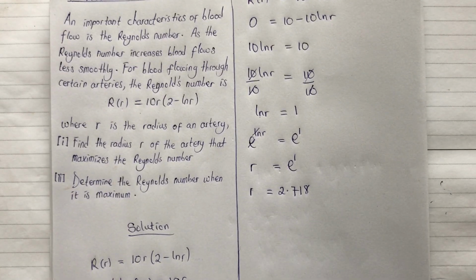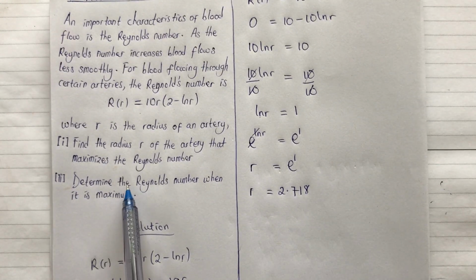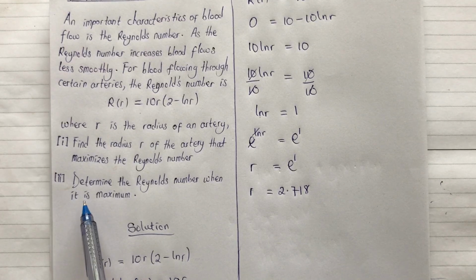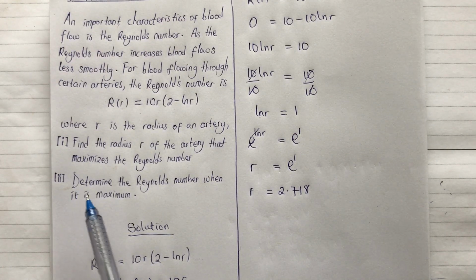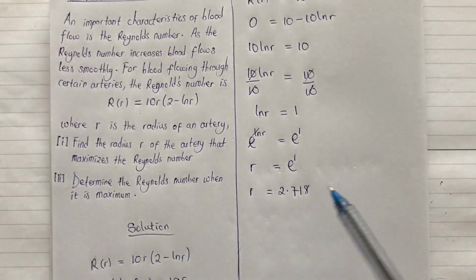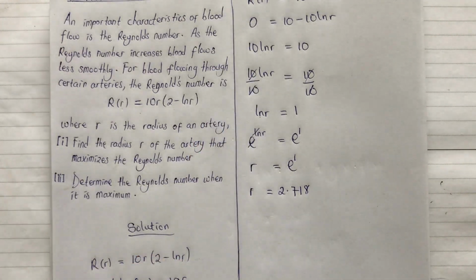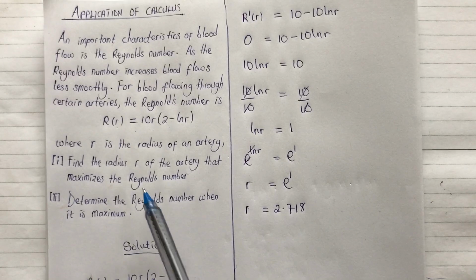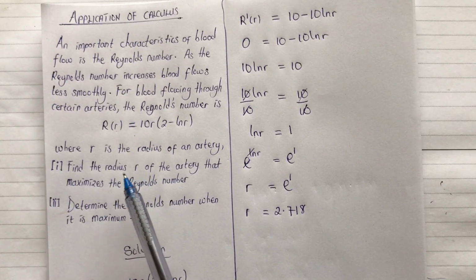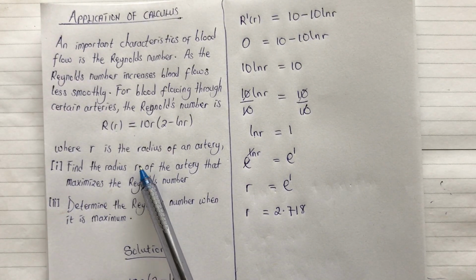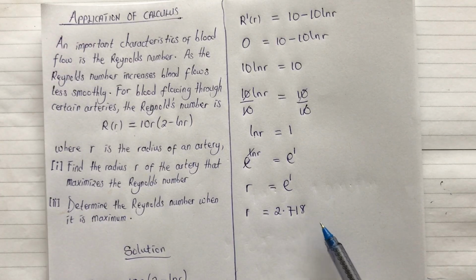The next question says that determine the Reynolds number when it is maximum. So we are determining the Reynolds number when it is maximum. We have already found at maximum R'(r) equals 0. We are done with finding the value of the radius r. That was the first one, which is 2.718.